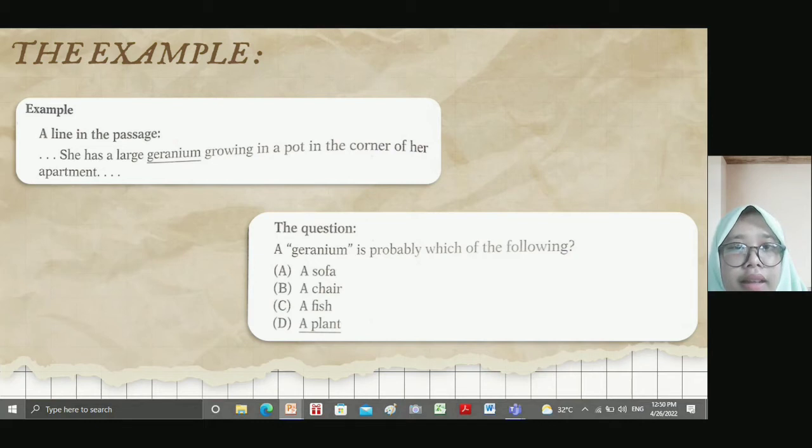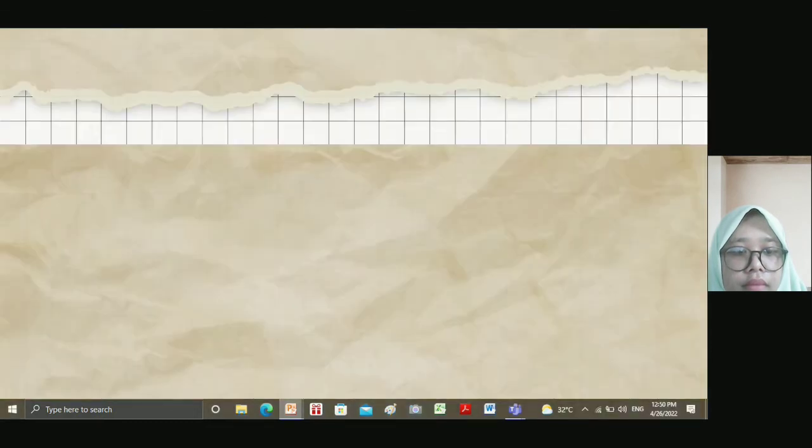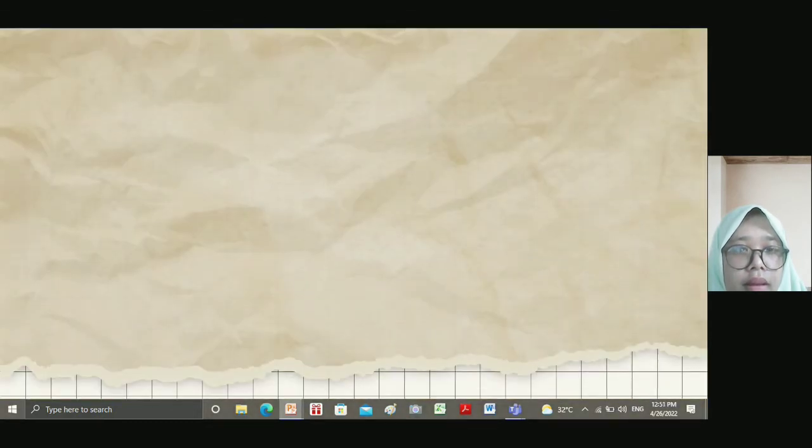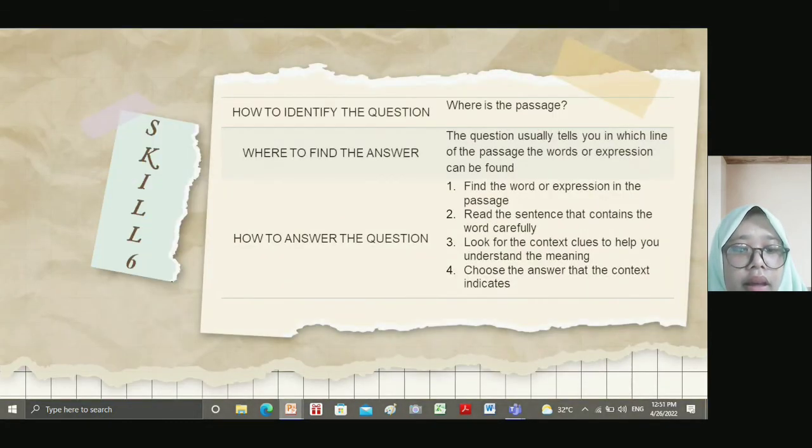The next slide is skill 6. And now is the last part of the reading skills. If you look at the screen, you'll see skill 6 of the reading part. The following are explanations of skill 6 of the reading part.